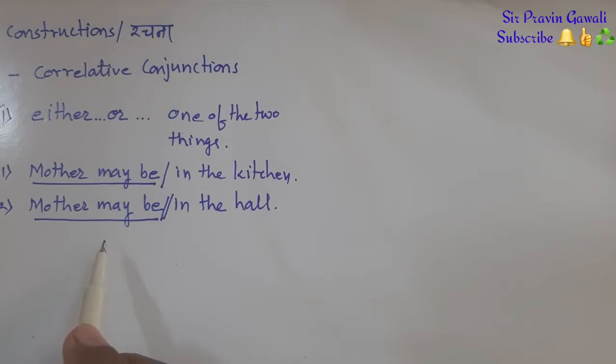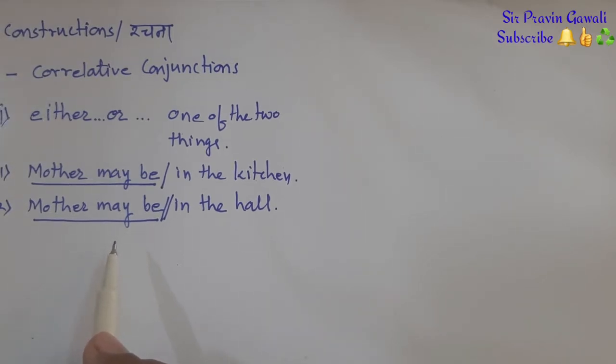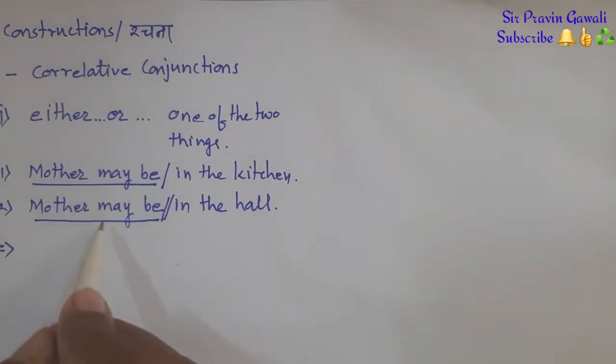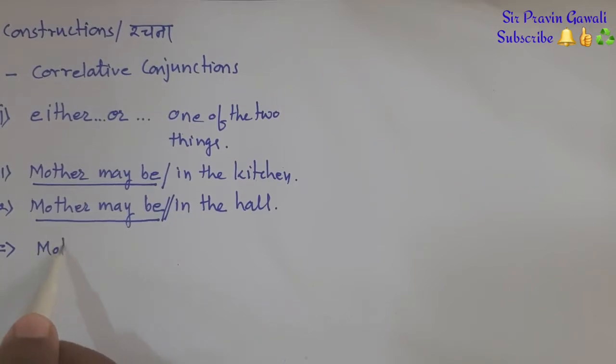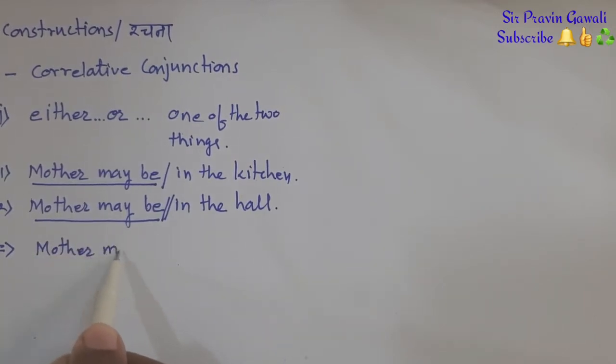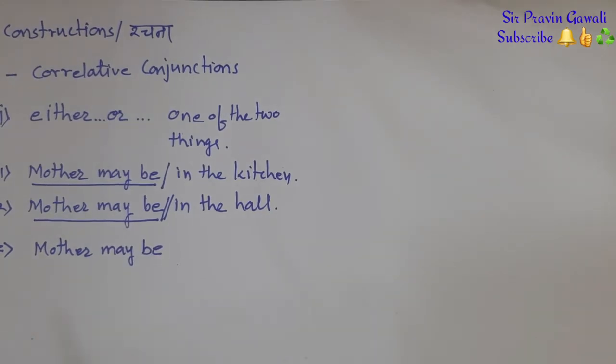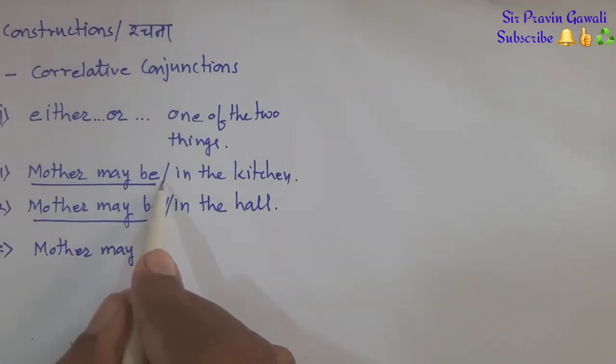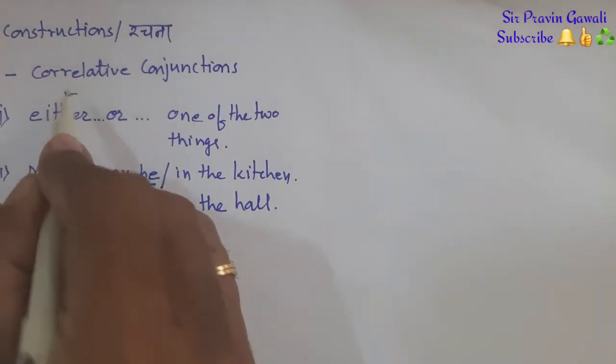So we can understand easily how to use either or and where. So here we have to use either or with the most related things. Now see how we can do the construction. So the similar part we will write first. Mother may be. So this is the similar part. Now where we have drawn a slant line, there we can use either.